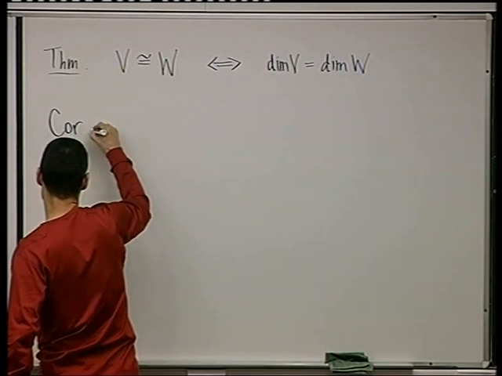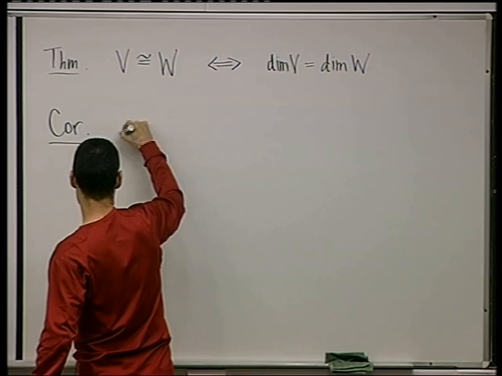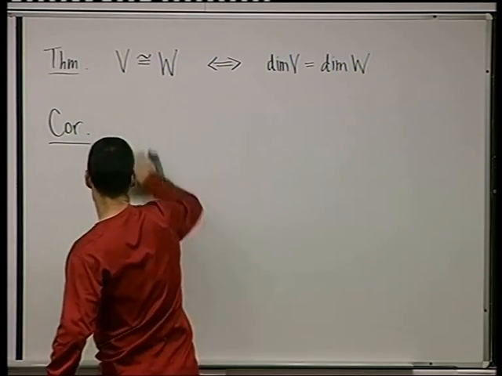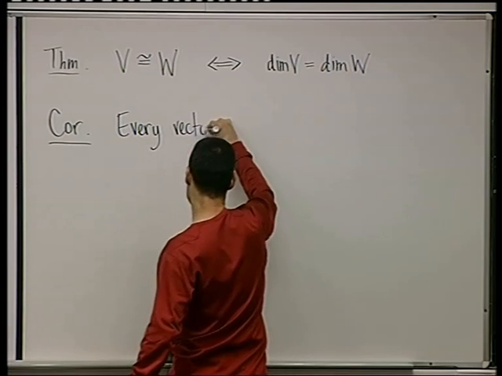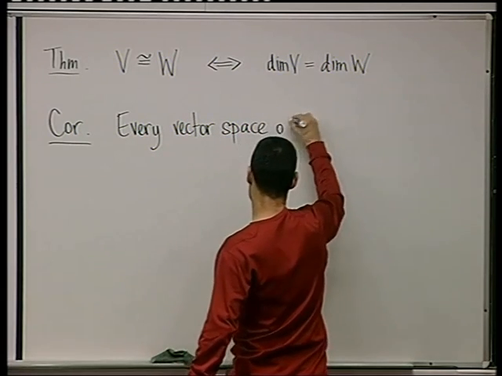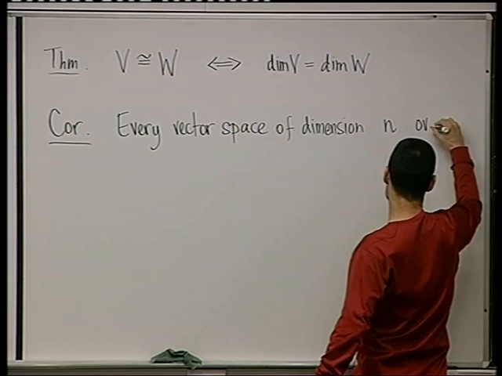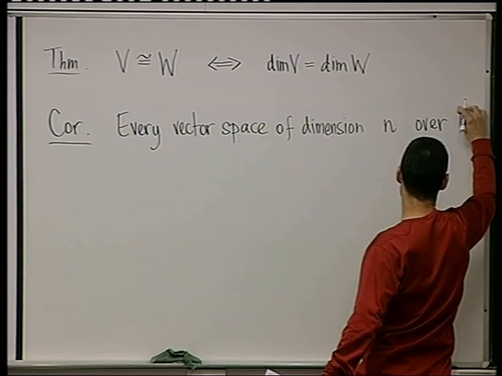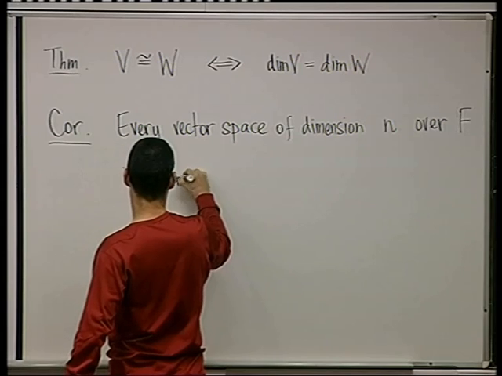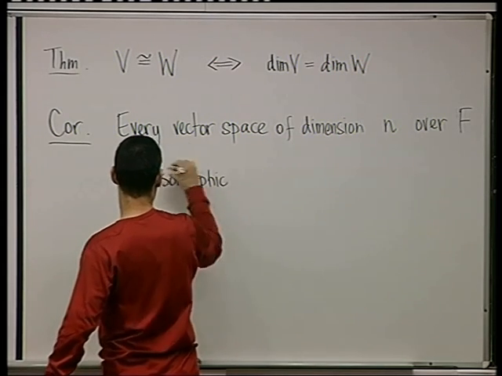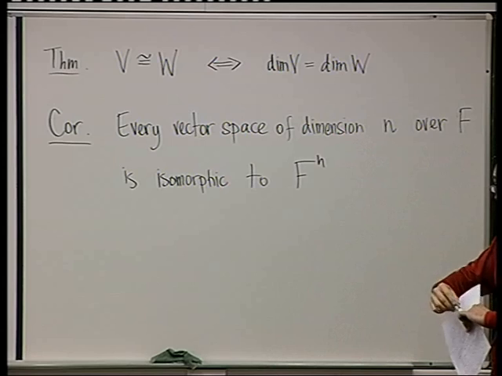So, corollary: every vector space of dimension n over some field F is isomorphic to F^n, to n-tuples over the field F.